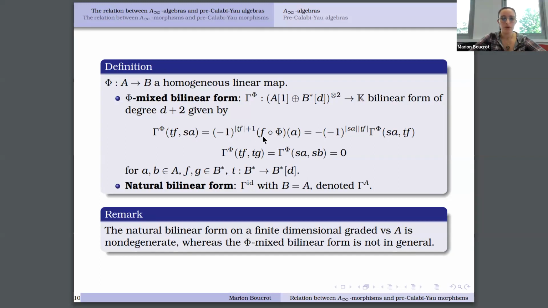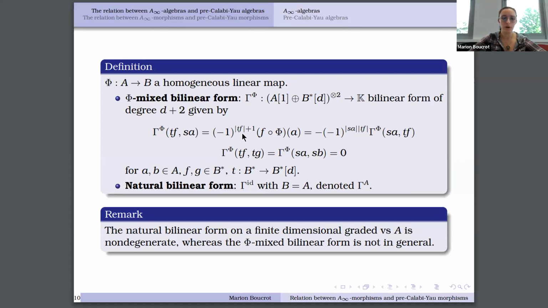We compose the element f of B star with the map phi going from A to B, and we apply it on a. And here we add the correct sign to have a skew symmetric bilinear form, meaning that this has to be the same as this. We also define this bilinear form gamma phi to be 0 if we apply it on either 2 elements of B star or 2 elements of A.